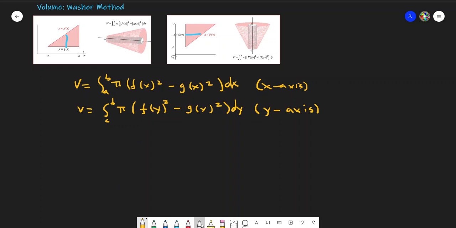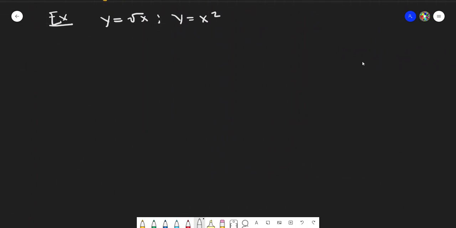So let's say that we wanted to find the volume of a solid generated by the curves y equals the square root of x and y equals x squared. Now, for example, we want to know what the region looks like, so we go ahead and sketch our graph.